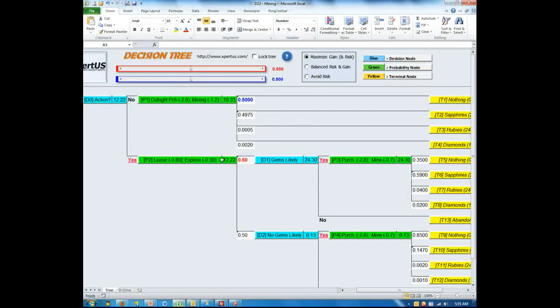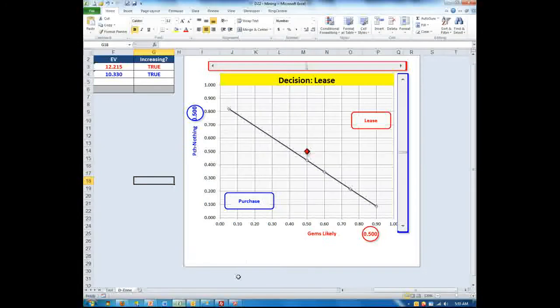And here, if we conduct exploration, there's a 50% chance of gems being likely and 50% chance of no gems. This line is a demarcation line. Above the line, the range is a leasing decision, and below the line, the decision should be purchase.